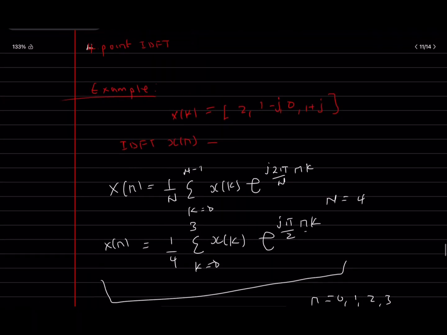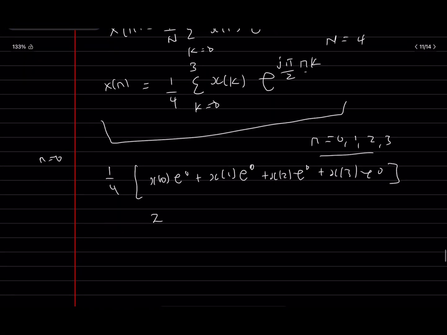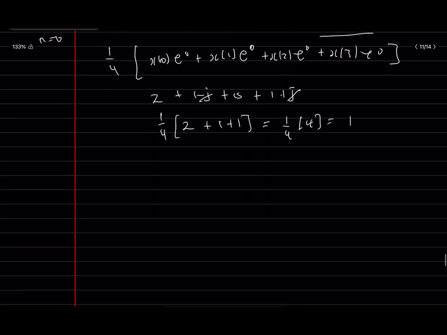In this case, the X of 0 is 2, X of 1 is 1 minus j, the X of 2 is 0, and then the X of 3 is 1 plus j. So minus j will cancel plus j, so this will go out. Now we are going to get 2 plus 1 plus 1, and don't forget it's 1 over 4. So we get 1 over 4 multiplied by 4, which is equal to 1. This is equal to 1 for the first element.